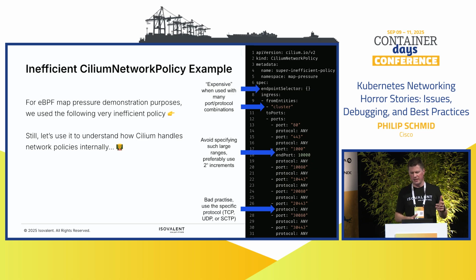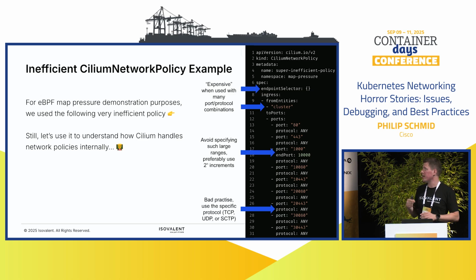That's there on line 7, the endpoint selector, which is empty, so it selects all endpoints within this namespace, which isn't a bad thing per se. That's still a common thing. However, it gets even worse if we have another look at line 10, where we see from entities cluster, which means Cilium needs to take care of all other remote entities within the cluster, and not only the ones within this namespace, for example.